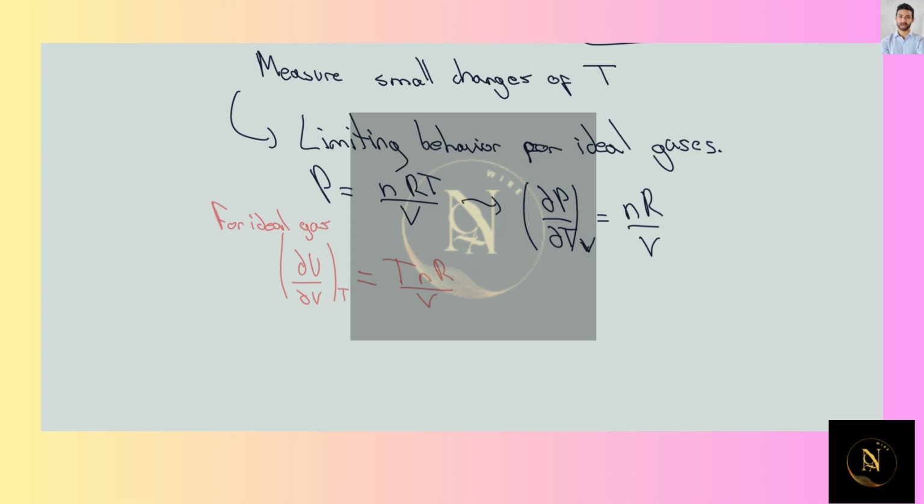This is going to be equal to P, right? So this becomes P minus P, and this is going to be equal to zero.